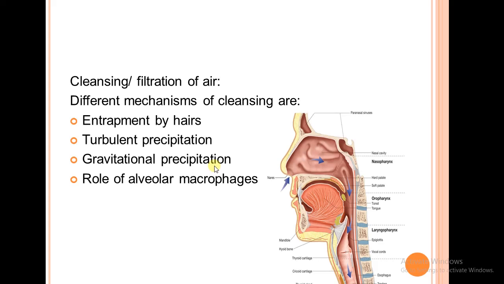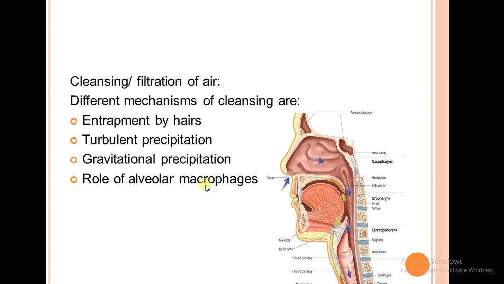Now even the small particles having a diameter less than 1 micrometer may escape this process and reach the alveoli. So the goal of this cleansing function is to clean the air by the time it reaches the alveoli.